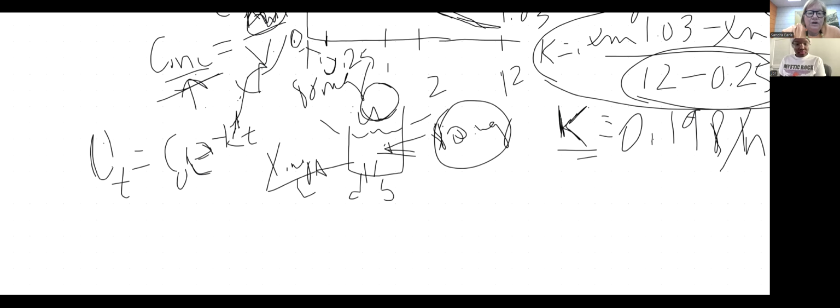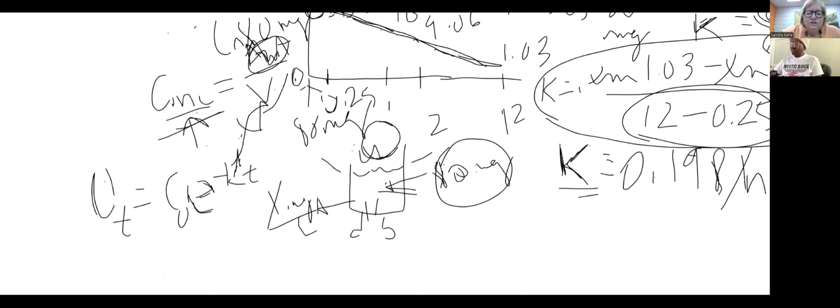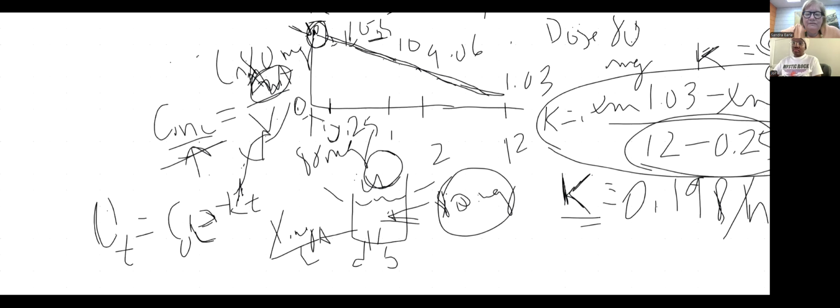So, what do we know? Well, we know that the concentration at time 0.25 is 10.5, right? And we want to know what it's going to be at zero. So our concentration at time zero is our unknown here, right?